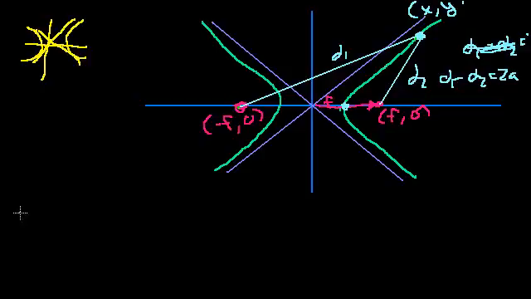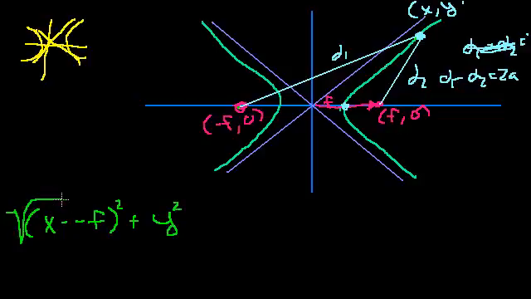We just use the distance formula, which is really just the Pythagorean theorem. So it's the x distance, x minus f, squared, plus the y distance, y minus 0, so that's just y squared. Take the square root of that. So that's d1 right there.